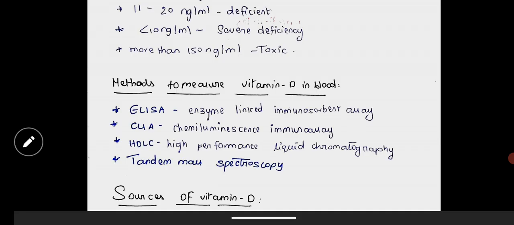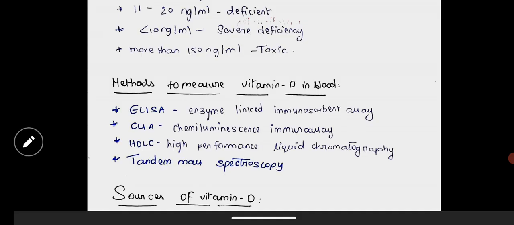Yeah, vitamin D toxicity also occurs, but it doesn't occur through sunlight, because we have to remember this, because vitamin D is a sunshine vitamin. Everyone will be telling, as it is a sunshine vitamin, overexposure to sun leads to vitamin D toxicity. So it doesn't. It will not occur. You have to remember, as it is a basic point.